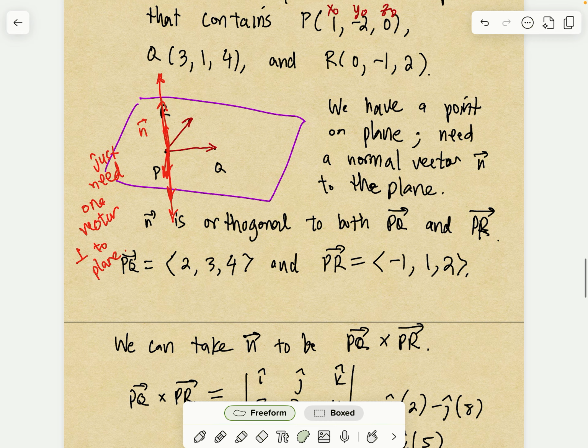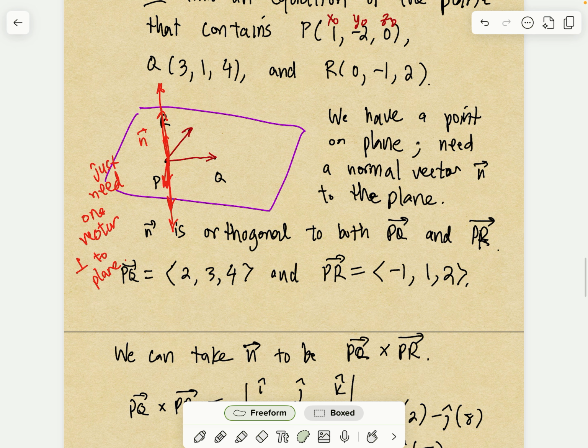And by the way, it didn't have to be PQ and PR. You could have done QP cross QR, and you would also get a vector that's perpendicular to the plane.